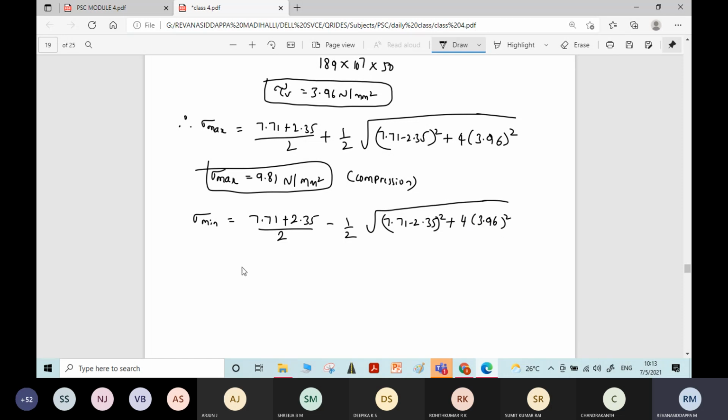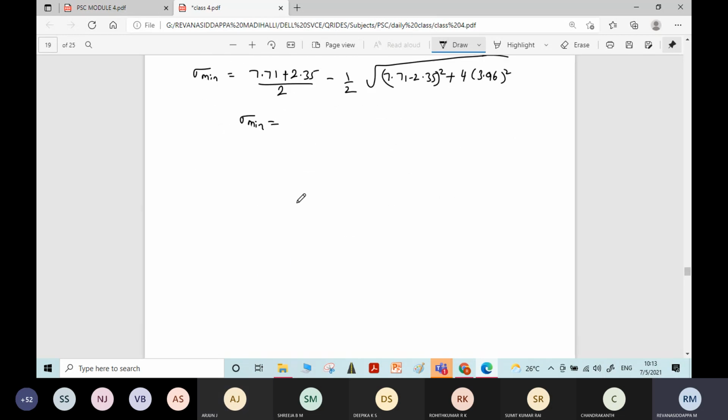Tell me the answer. 0.25 Newton per mm square. So this is also getting plus sign, therefore compression. Nature of stress is compression.